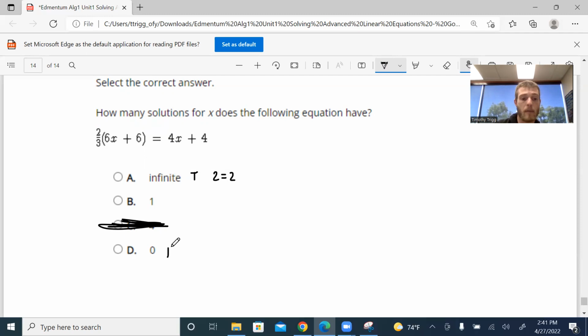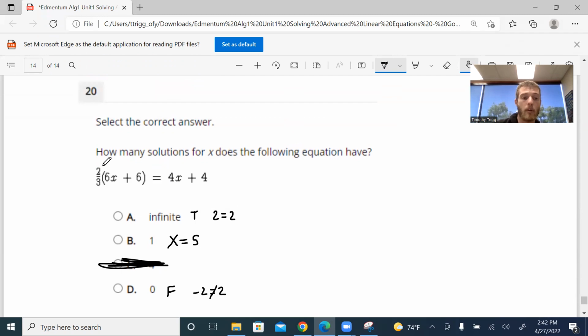A false statement, something like negative 2 equals 2. This is false, right? So that's not true. So if you end up with something where there's no x's involved and it's not true, that has no solution. And if it has one solution, that just is if you actually get a solution, something like x equals 5 or something.